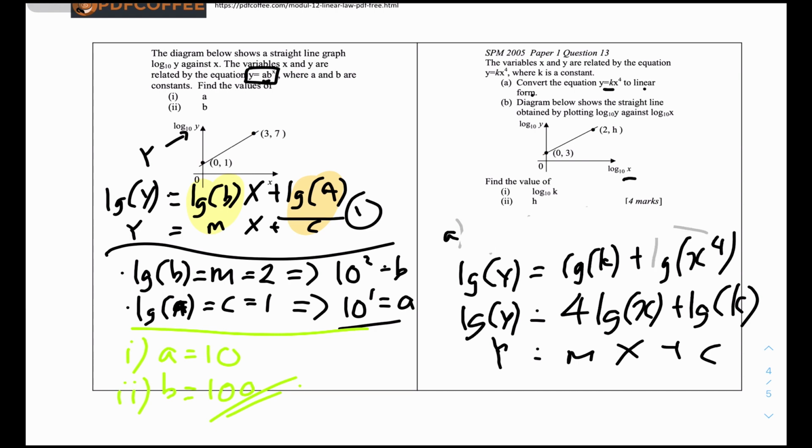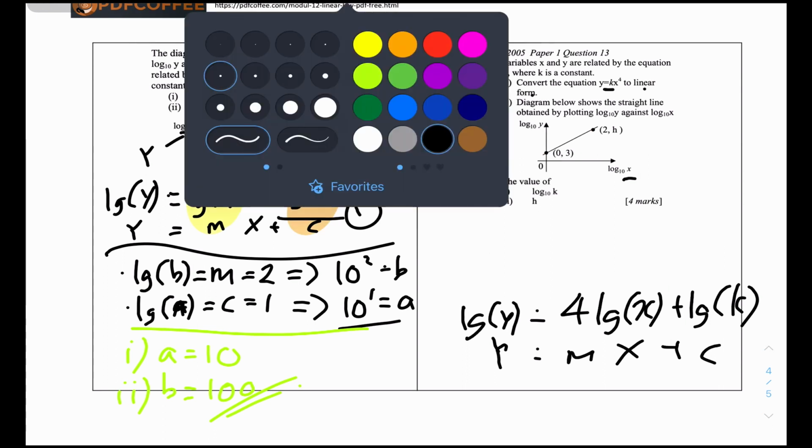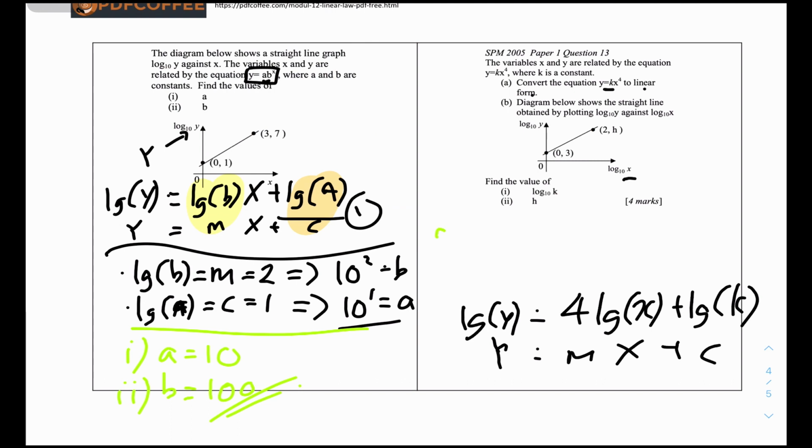So let's rewrite this equation. For a, we have log y equals 4 log x plus log k for the linear equation. It's a linear form because this is y equals mx plus c. And it's number 1.